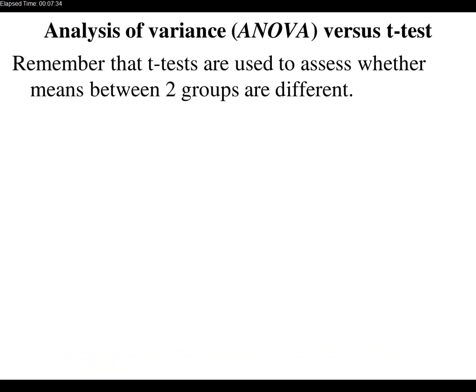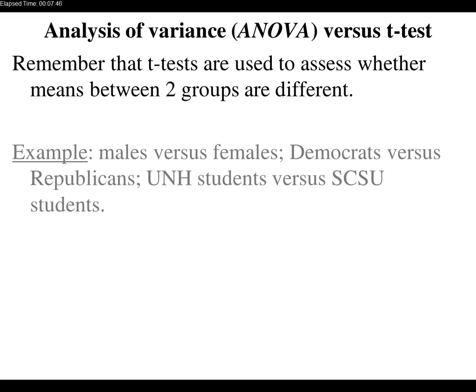So let's talk about analysis of variance as opposed to t-tests. All right, remember that t-tests are used to assess whether means between two groups are different, or whether the averages between two groups are different. Okay, give me an example of that, you say. All right, well, how about males versus females, or Democrats versus Republicans?